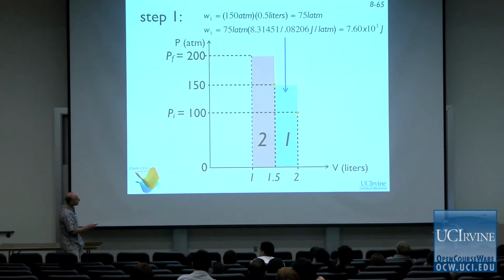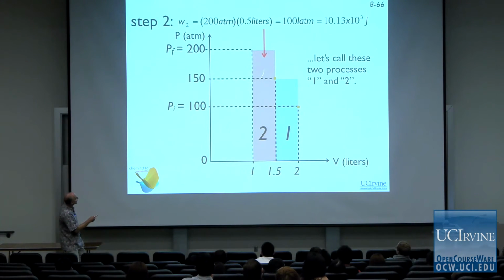Here's what we did. We started here, we did this compression first, and then we did this compression. I can calculate the work separately for each one of these 2 processes because I'm going to go to 1.5 liters and 150 atm. There's the work for this one. The first one, the work was that area, now the work is this area.